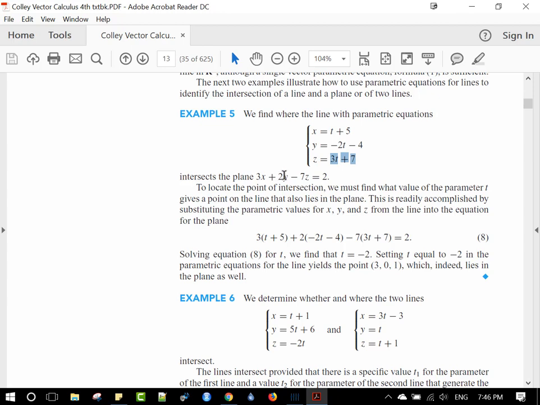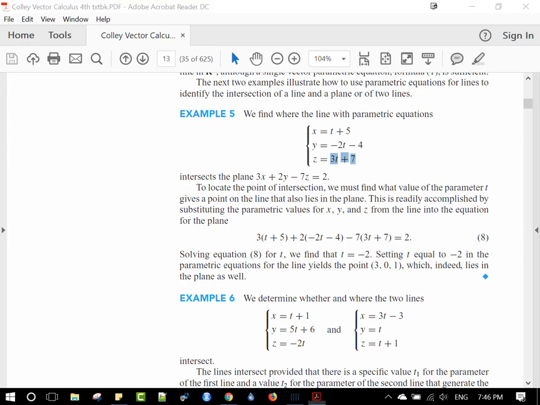So we're no longer going to have an equation in x, y, and z. We're going to have an equation in t, which we can solve for t. Solving that, we get t equals -2.